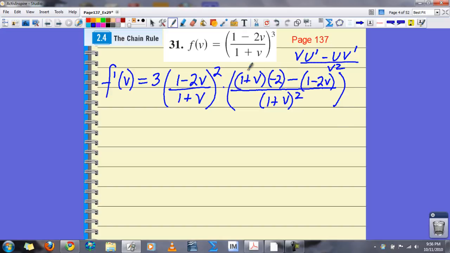Now, we just have to clean this up, distribute, combine like terms to get to our answer. So we keep everything the same for now in the front.